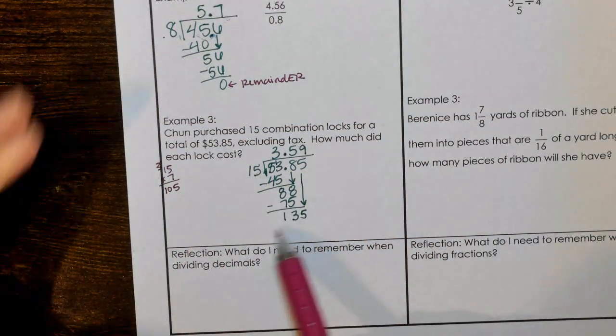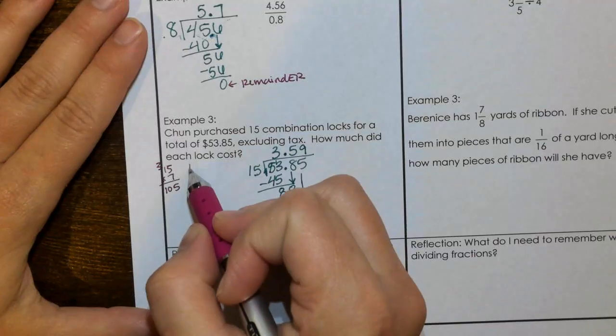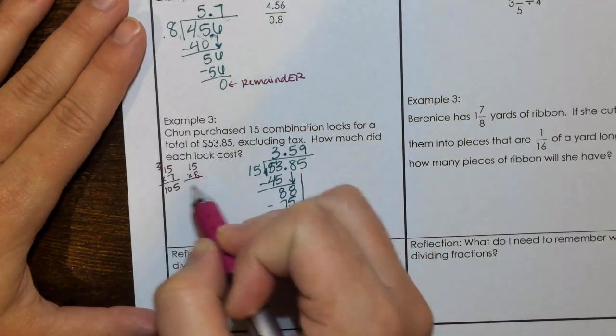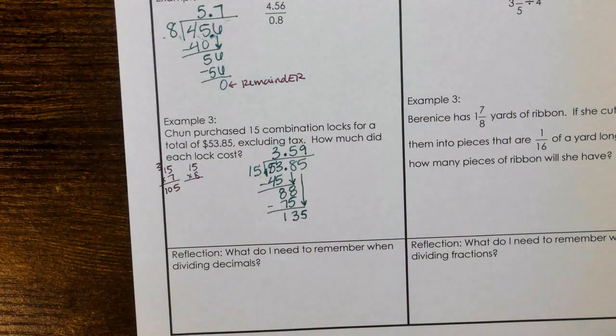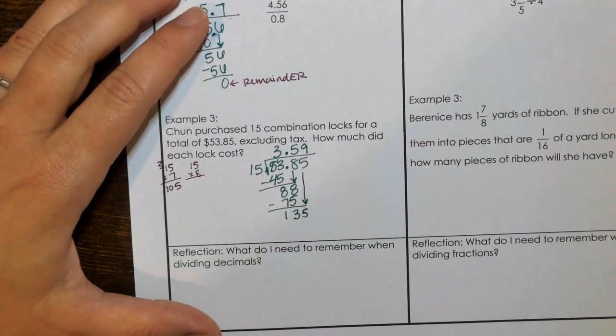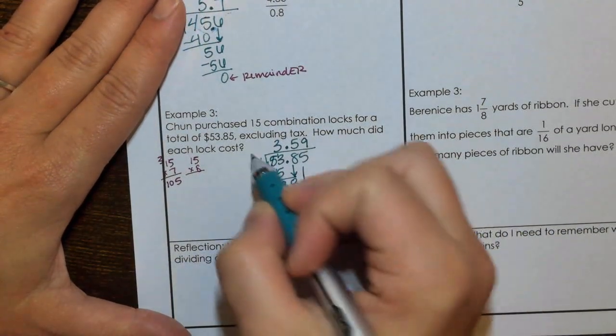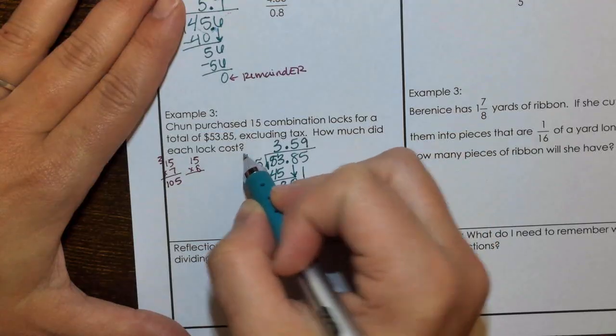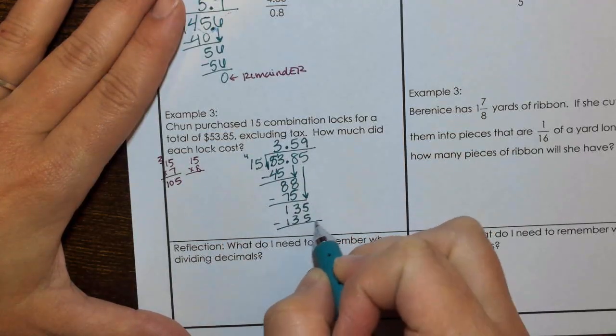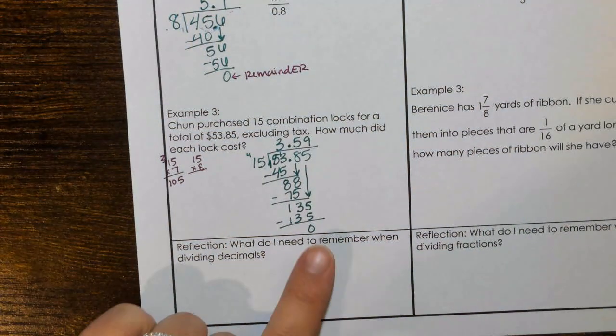Nope, that's not close enough to 135. I need to try 15 times 8. And you keep going until you get the number you need. That's okay. All right, 9 times 5 is 45. 9 times 1 is 9, plus 4 is 13, and I have a remainder of 0.